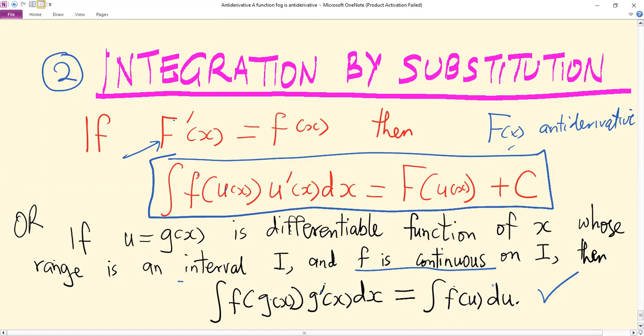Then you change the structure of your integrand to be purely in terms of u, and carry out integration with this new variable u. And once you have your answer in terms of u, replace back in terms of the original variable that was given in the integrand.